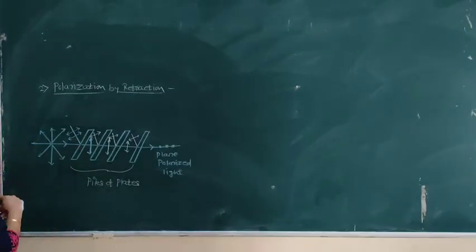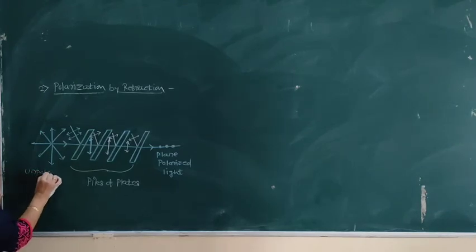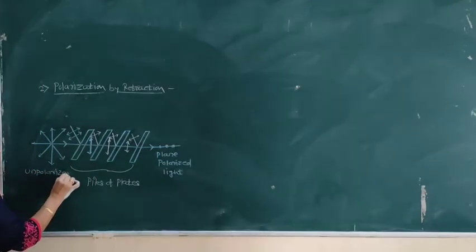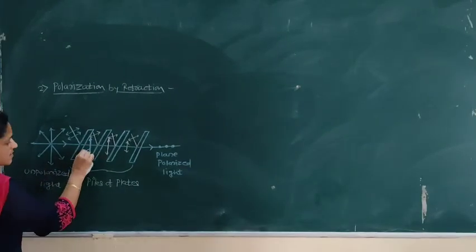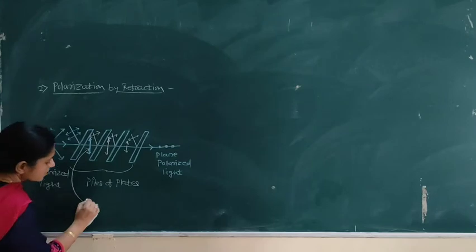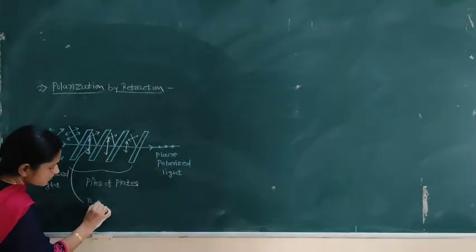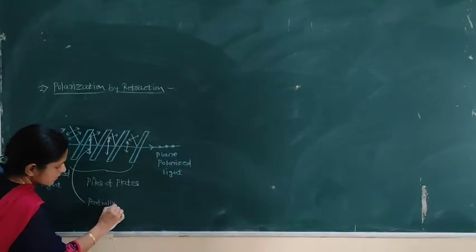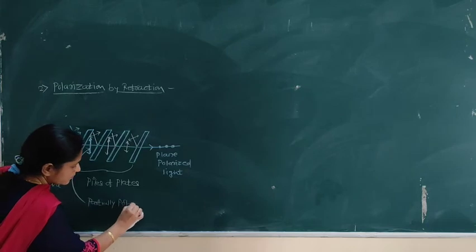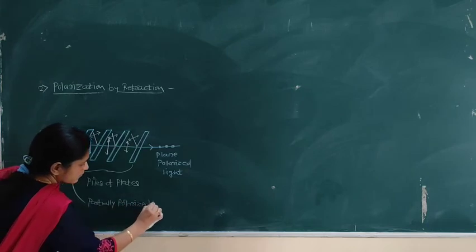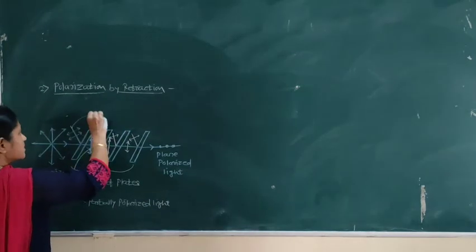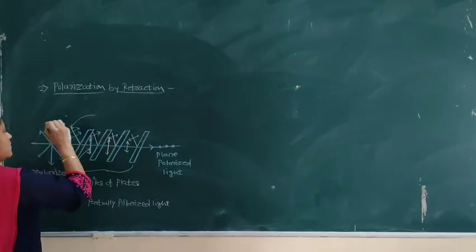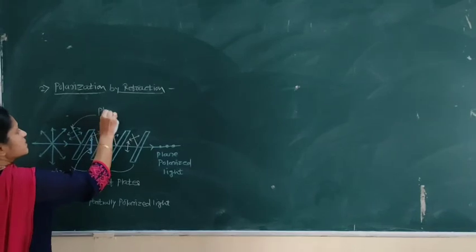Now this is unpolarized light. This is partially polarized light. This one is plane polarized light.